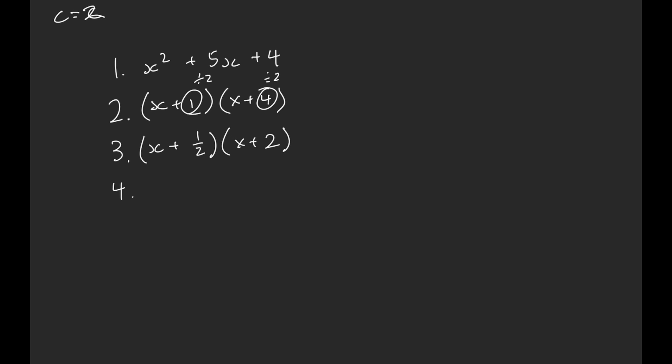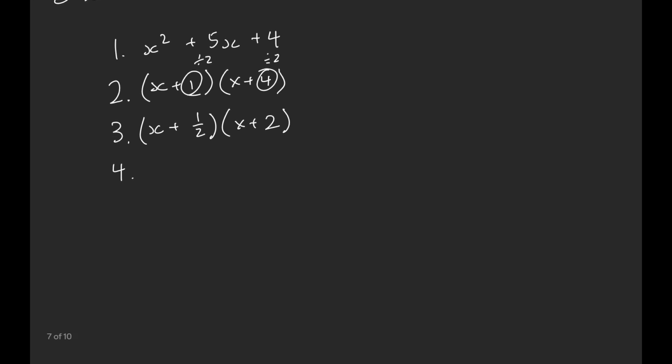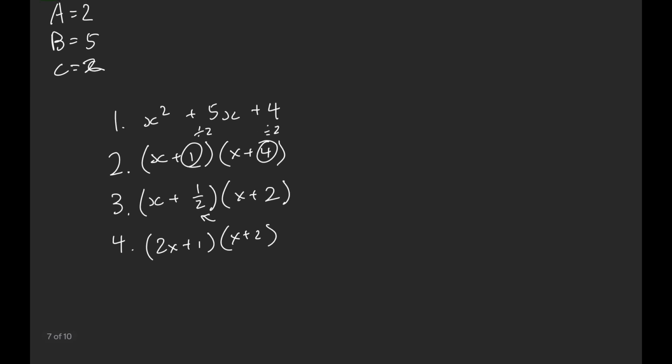Now, if you end up with a constant term involving a fraction, what you're going to do is multiply the entire term by its denominator. So you want to end up with a polynomial with no denominators. So in this case, the denominator is 2. I'm going to multiply the entire term by the denominator, and I'll end up with 2x plus 1 times x plus 2.